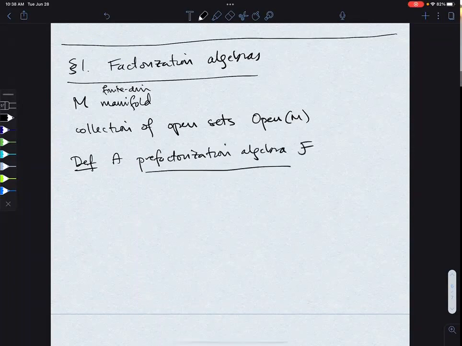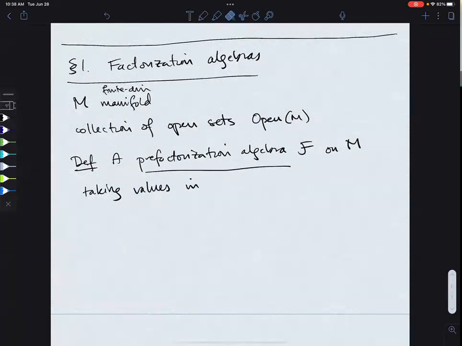So a pre-factorization algebra F on M, taking values in some category you like. Let me not be so general.